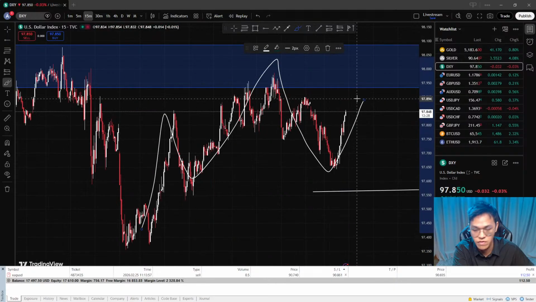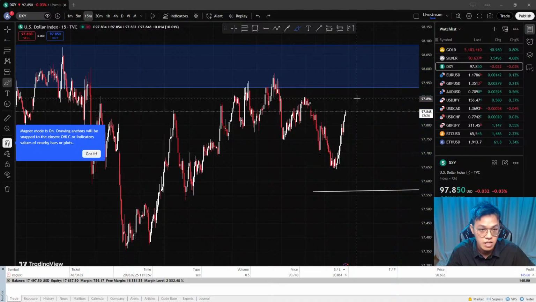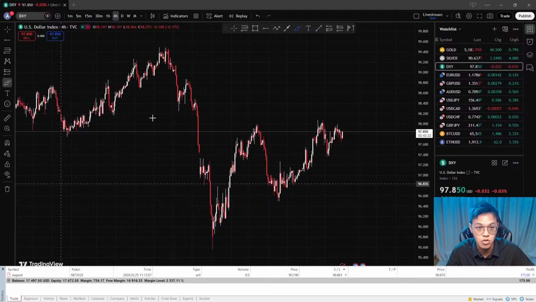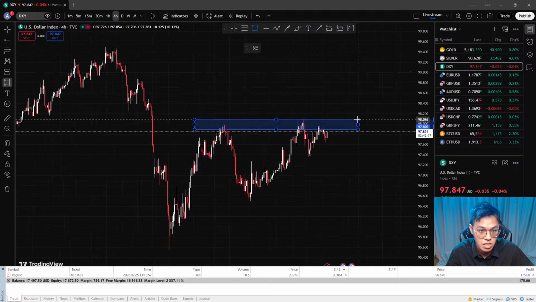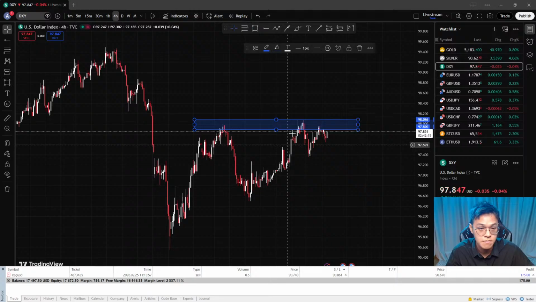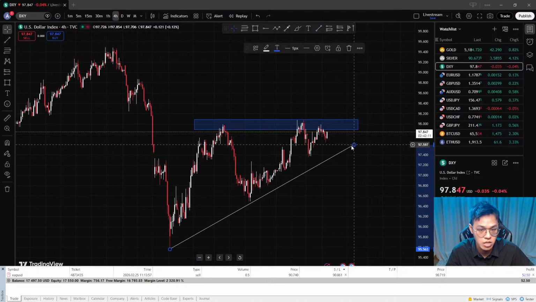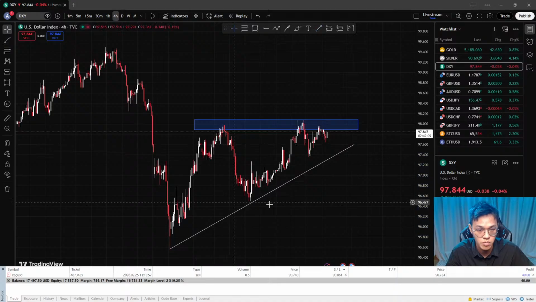Let me clear this drawing first. So this is the uptrend structure, and this is an ascending triangle, which means it forms a higher low. Let's look at the 15-minute chart.